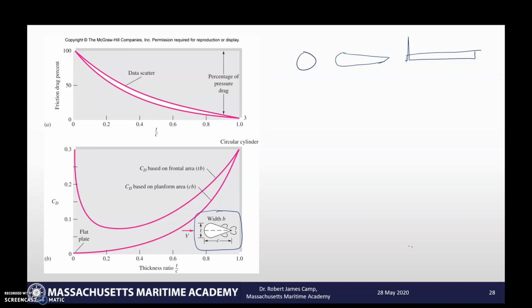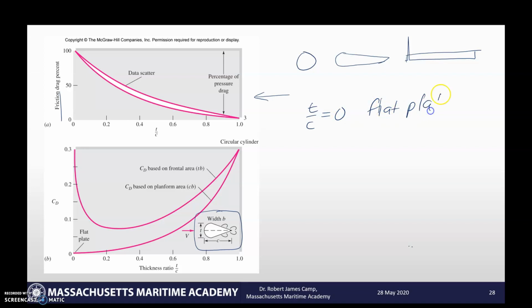The reason that I like bringing these up is basically for this top drawing here, looking at the percentage of drag. Along the x-axis here, we have the friction drag percentage. At T over C being 0, that's a flat plate.